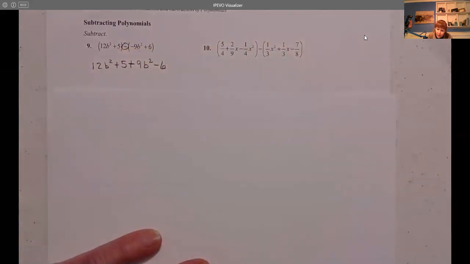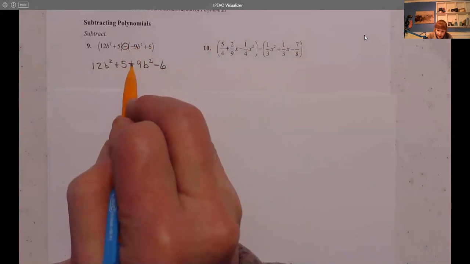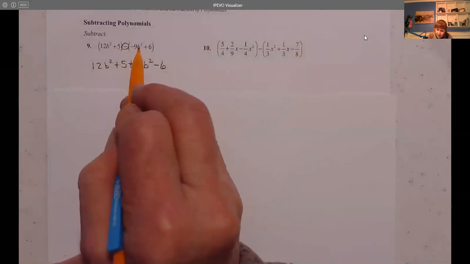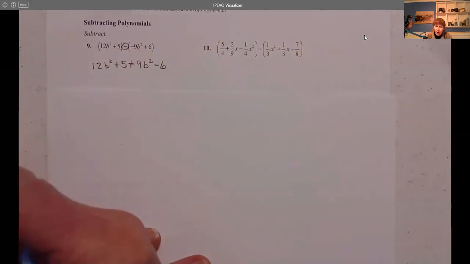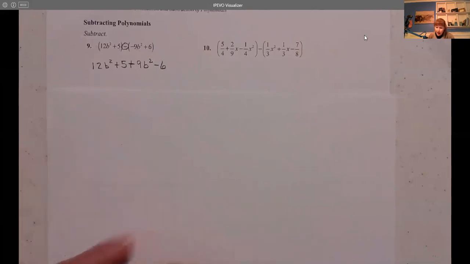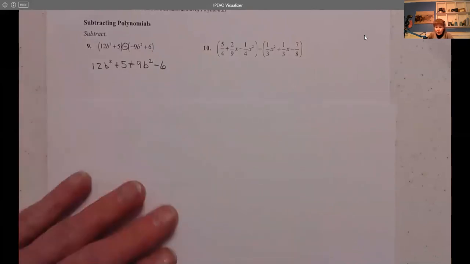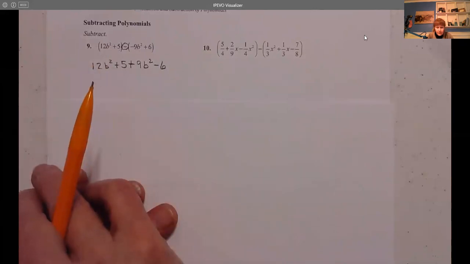So this subtraction in between becomes a plus, and then you change the sign on what follows. We've done this earlier, but we didn't have a b squared or an x squared. We just had an x. So now that you've done that, you can combine your like terms.